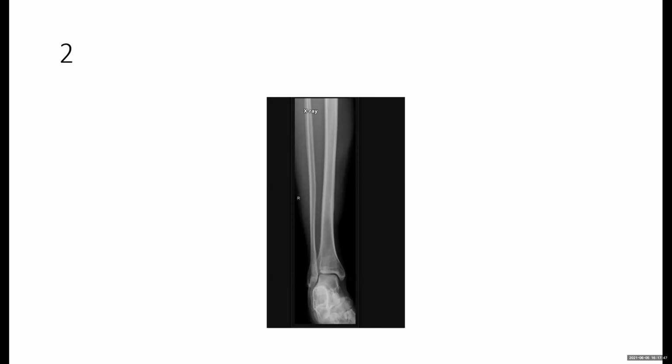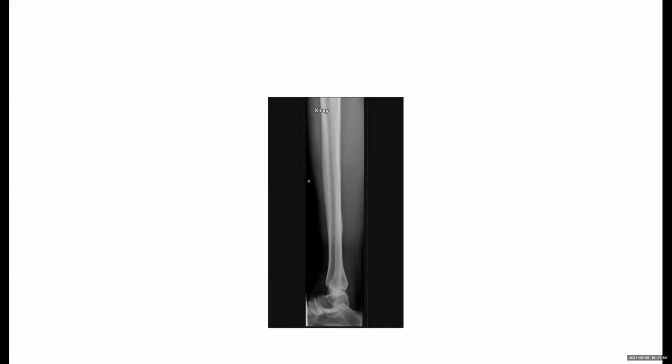Well, is there any orthogonal view just to help me to see if there is any cortical thickening or any lesion? Well, I think there is some subtle cortical thickening in the lower part of the tibia. And because of pain in a 20 years old, it keeps me to think of, first of all, osteoid osteoma.